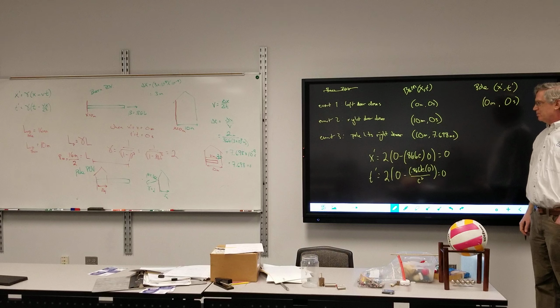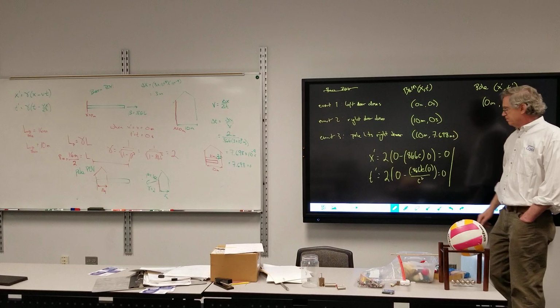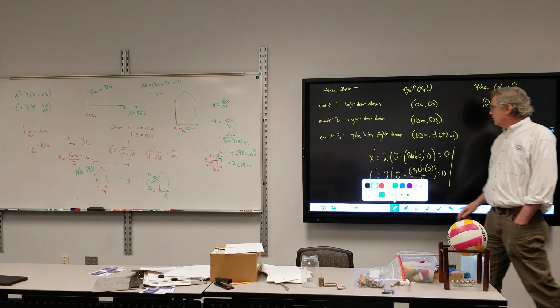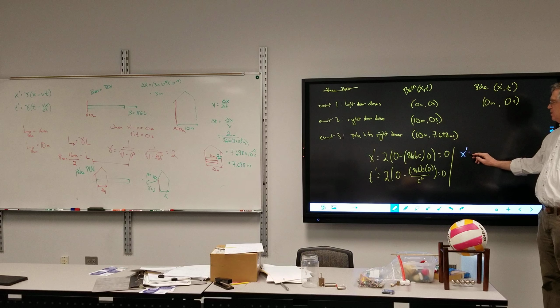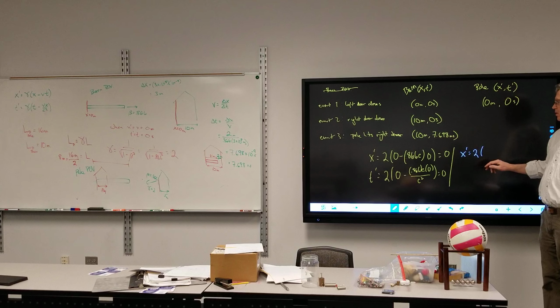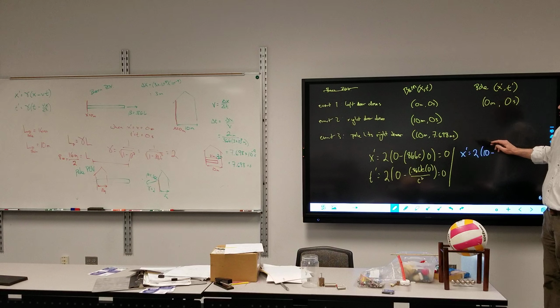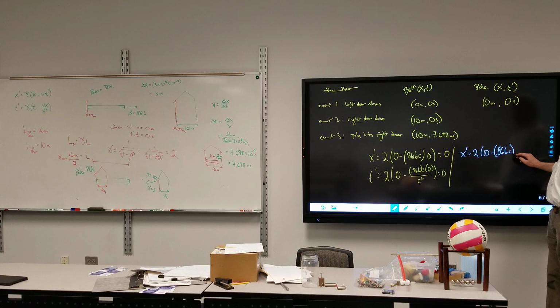Now the next part. Things will start to get a little bit stranger. So for event 2, x prime is equal to 2, that's still my gamma, and then my position is 10 minus 0.866 times the speed of light times time, which is 0.